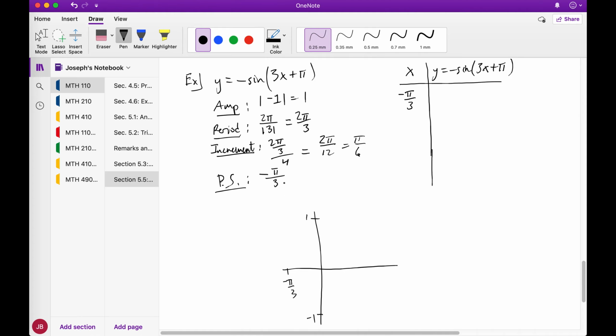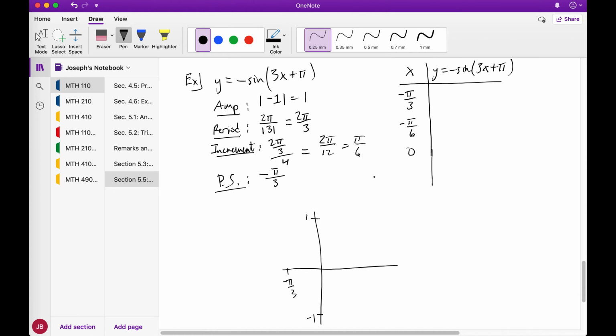Okay. And now here's how we fill in the table here. So down the x column, I start with the phase shift, minus pi over 3, and now add this increment successively to get the next 4 values. So minus pi over 3 plus pi over 6 is minus pi over 6. Now to get the next one, I take this, minus pi over 6, and add it to the increment.